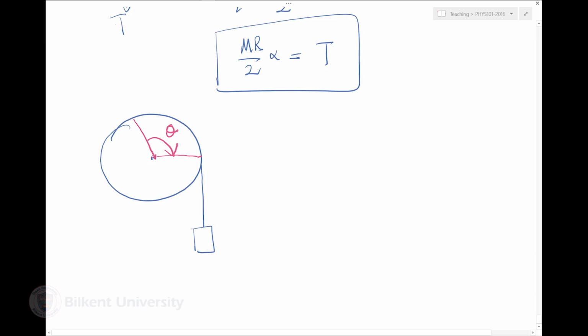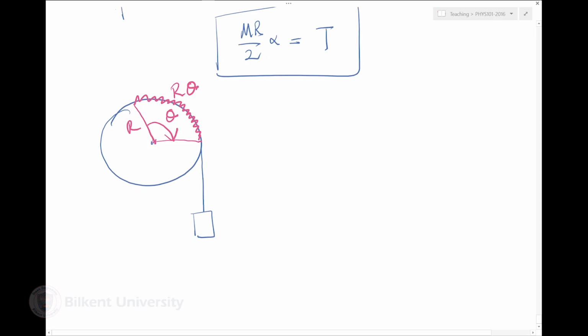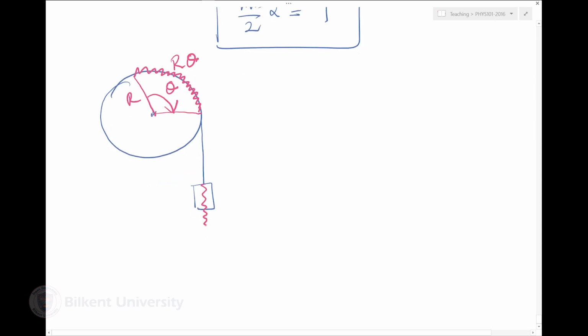So all the length of the rope, which is going to be r times theta, must be added essentially to the end of the string. So how far did this guy go down? It went down with the arc length, which is r times theta. Does that make sense?